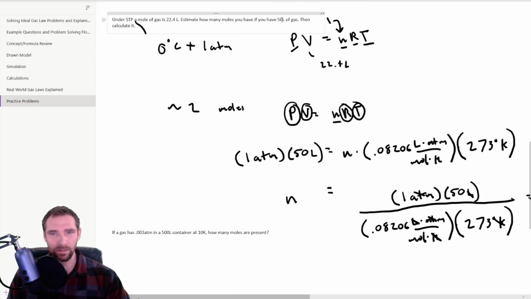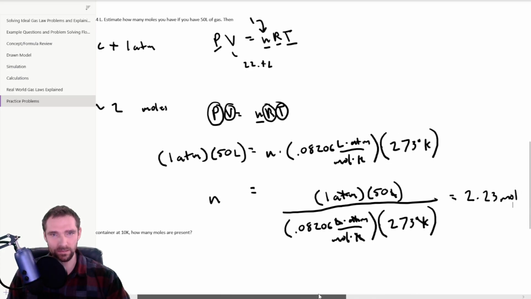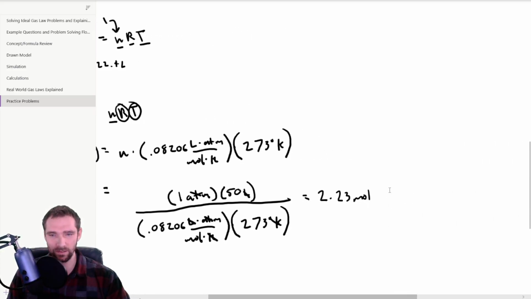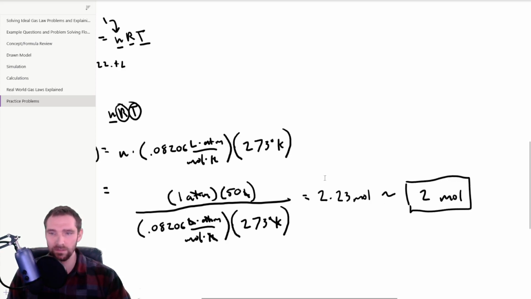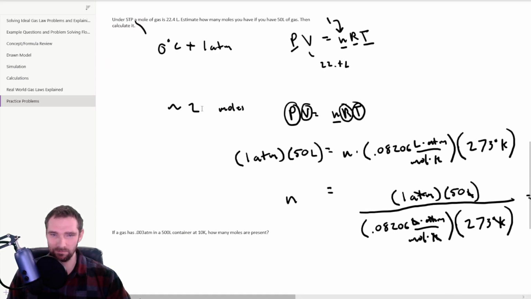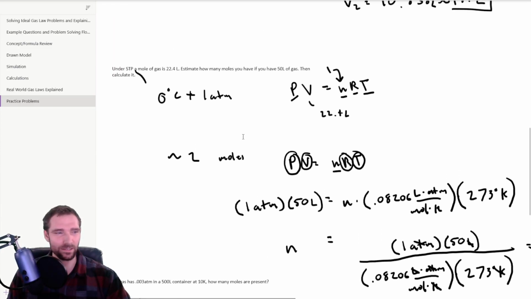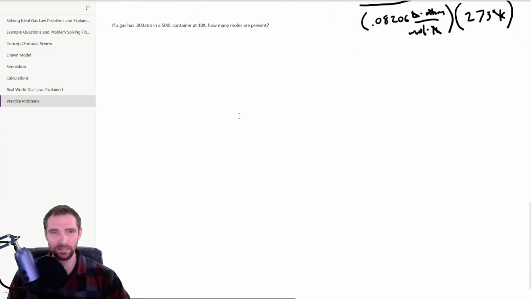I mean, if I had written that as, it looks like that's written with one sig fig with just 50 there. So I would actually have to estimate this to the 2 moles because I only have one sig fig right there. So that's kind of the idea here. My estimate was actually right on the money. You can kind of see how this stuff works out a little bit with that example problem.